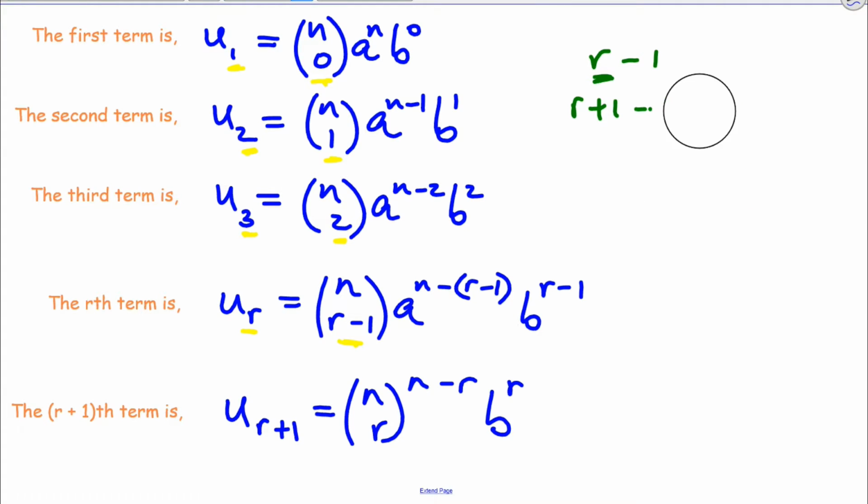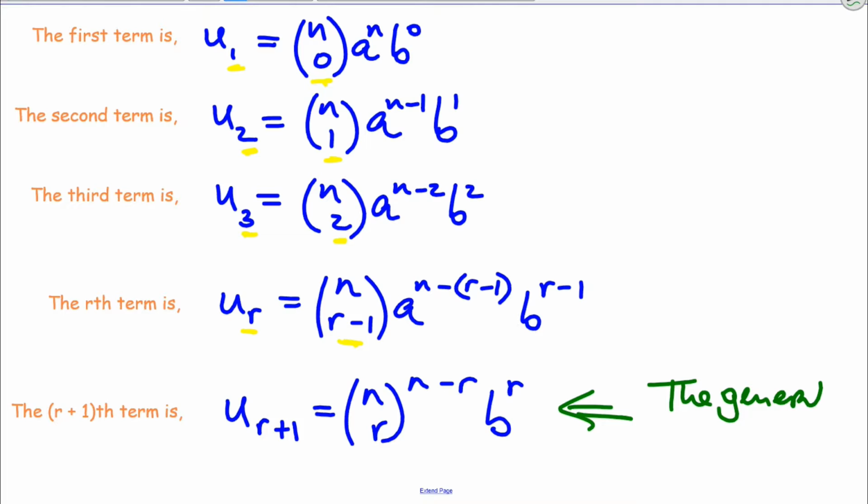Basically what we have here is what we call the general term formula. The general term formula can help us get any term in the expansion of (a + b)^n. The (r + 1)th term is what we call the general term, and it can be used to find any term in the expansion.